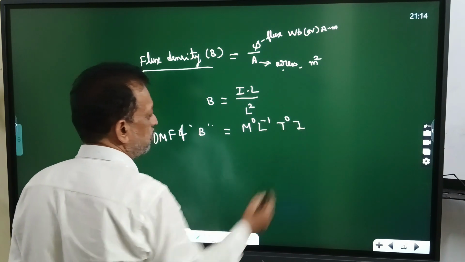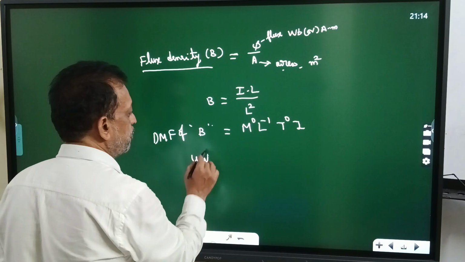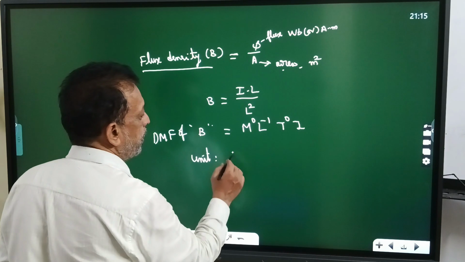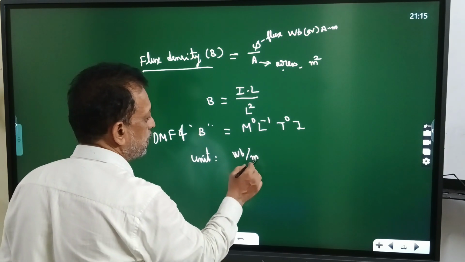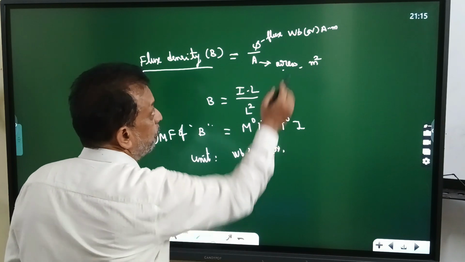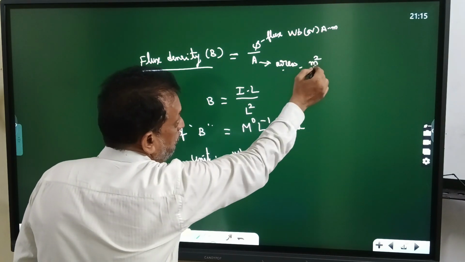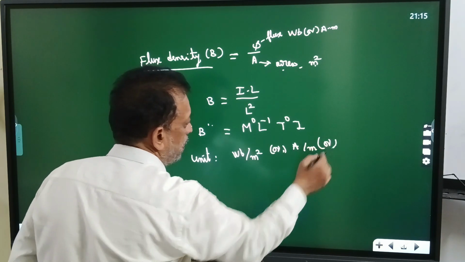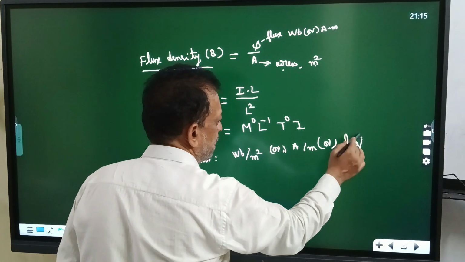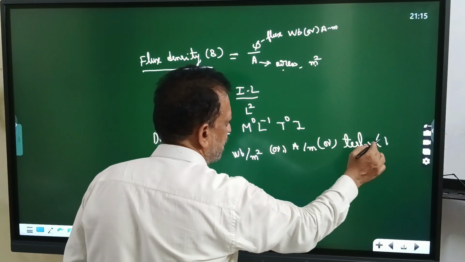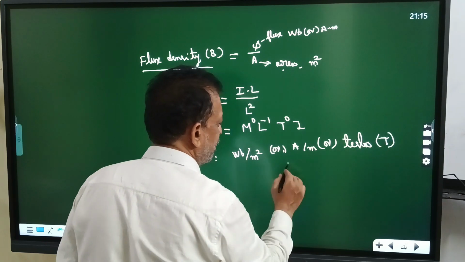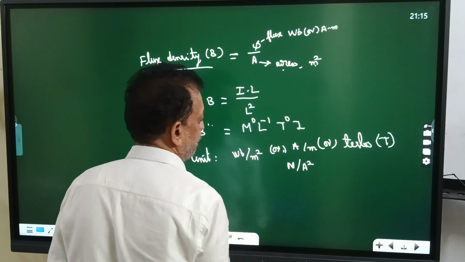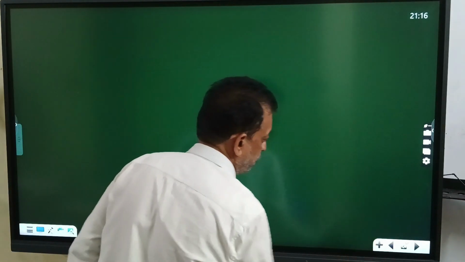The unit based on this definition is given by Weber per meter square, or Weber is nothing but ampere meter, one meter will be cancelled, so ampere per meter, or Tesla, symbol T, or Newton per ampere meter. Okay, completed. So that means we have this many units.